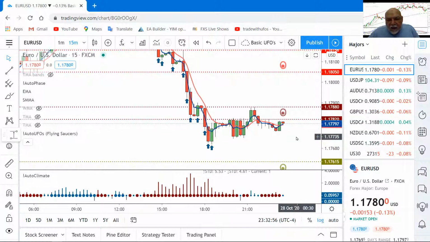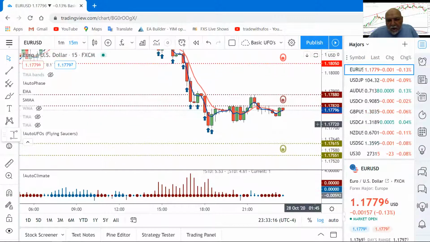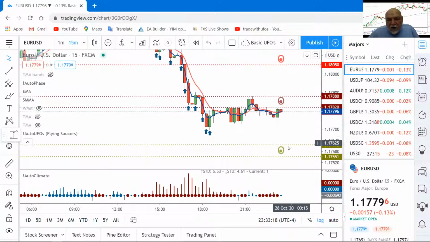And what do I see here? I see that there's still a lot of unfilled orders above here that could push this down, okay? That could push this down. And so I have an unfilled order buy zone down in this area.